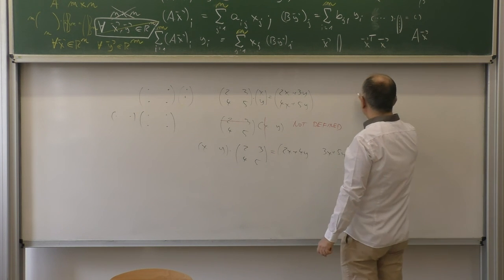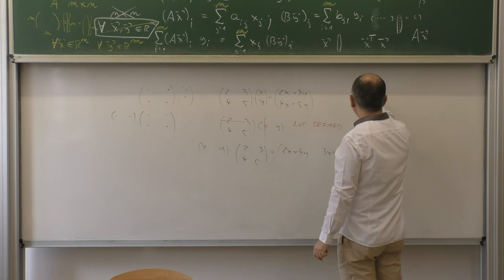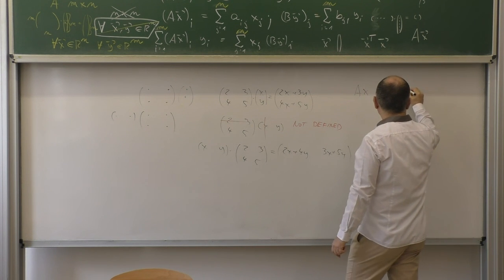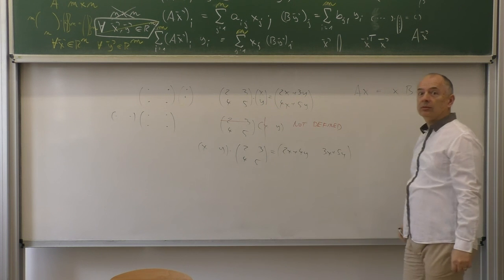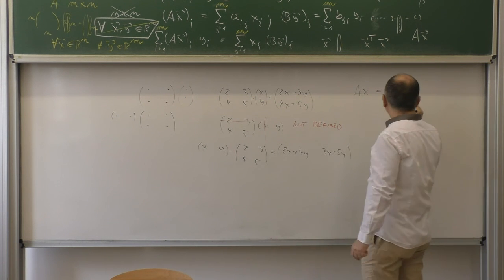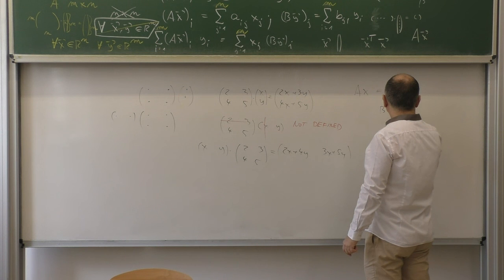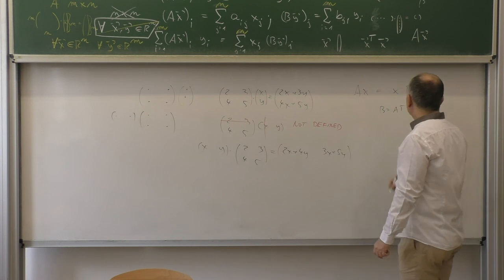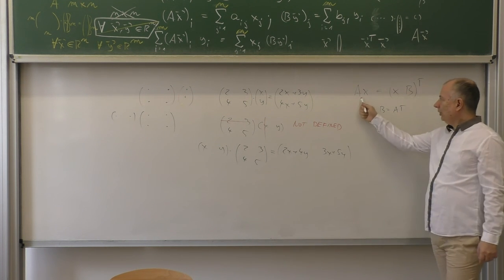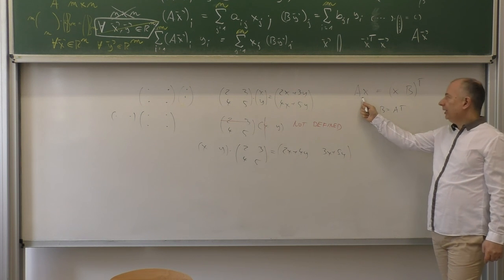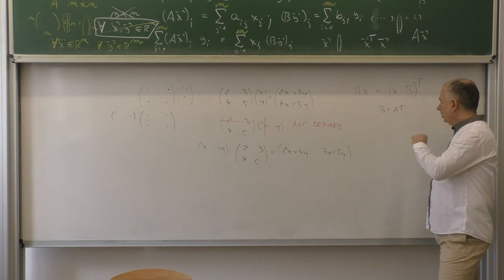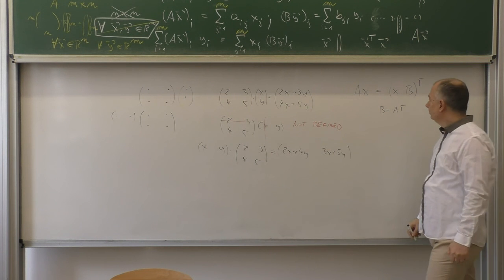So if you want Ax to be equal to x times some matrix, then we must take the transpose. And then the result will again be, if this is a column vector, this will be a row vector. So if we transpose a row vector, we get a column vector.